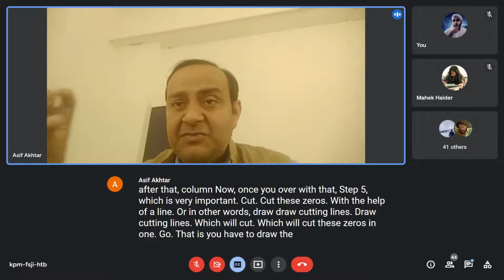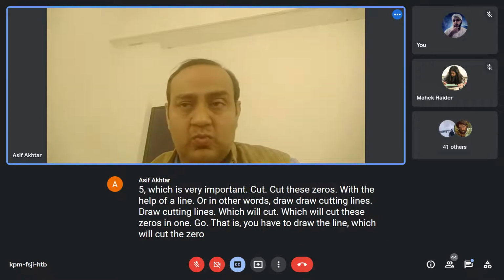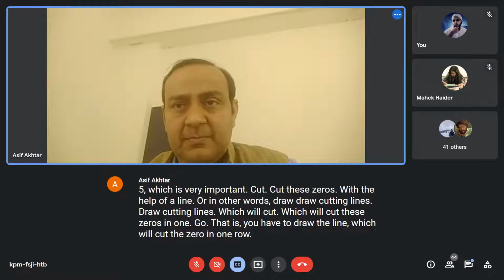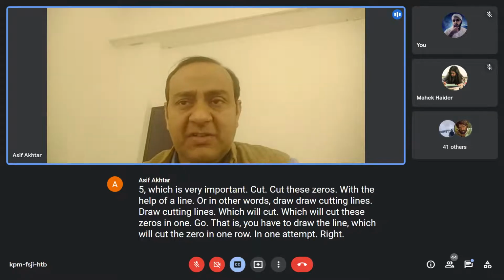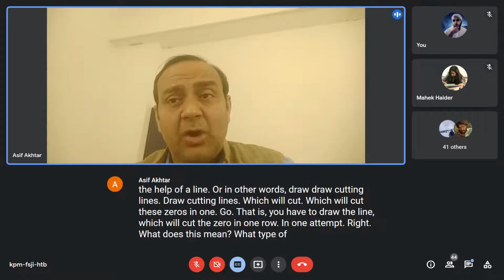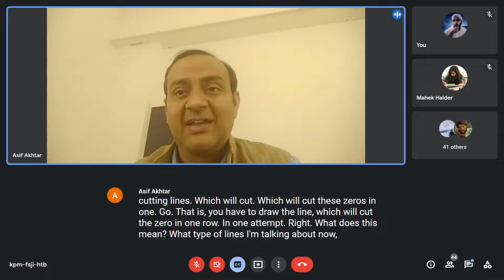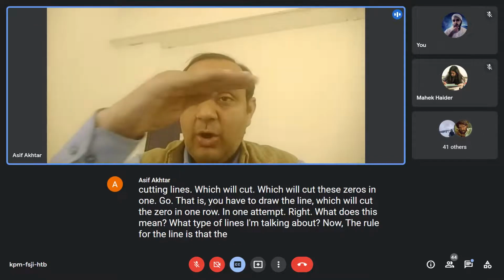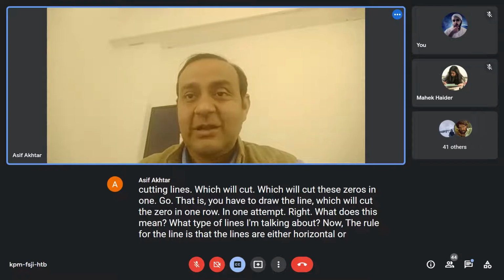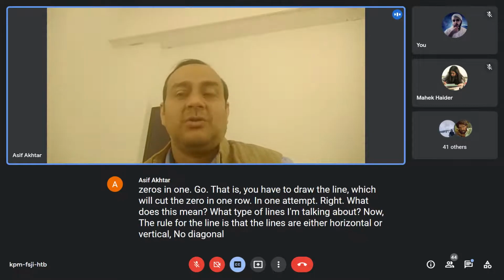That is, you have to draw the line which will cut the zeros in one row, in one attempt. What does this mean? What type of lines am I talking about? The rule for the line is that the lines are either horizontal or vertical. No diagonal cutting lines are allowed.